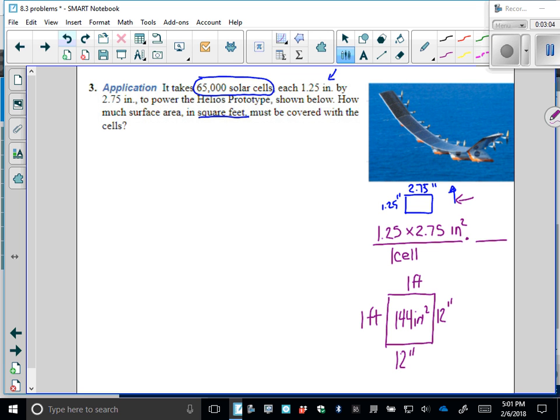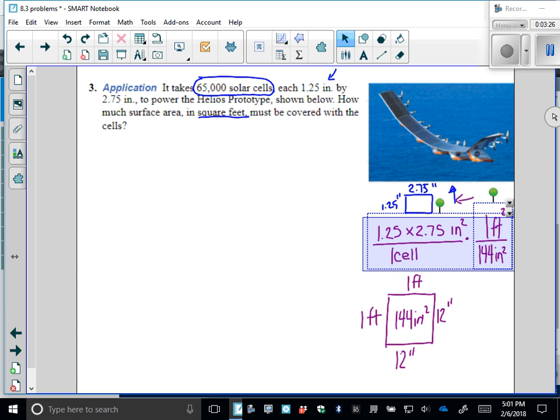And so basically we know that 1 square foot is 144 square inches. And I'm going to use that whole piece, all of that together.